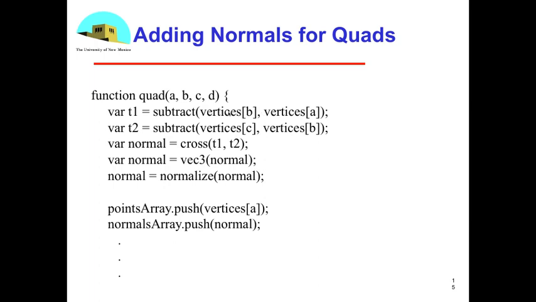So I subtract b minus a to get a vec, and it doesn't matter whether it's a vec3 or vec4. Then c minus b will give us another vector, or c minus a if you want. Then take the cross product of the 2, and I have to normalize that.